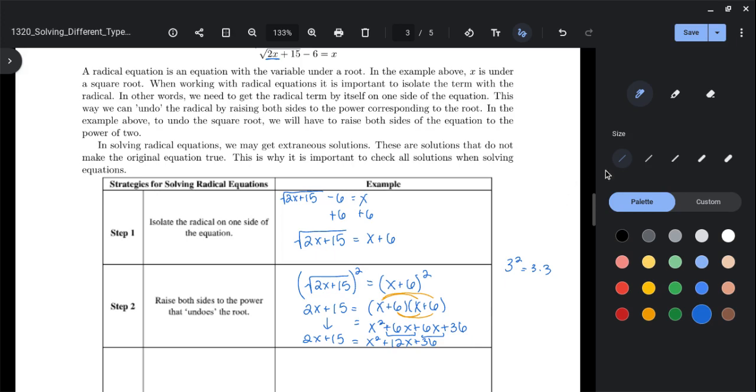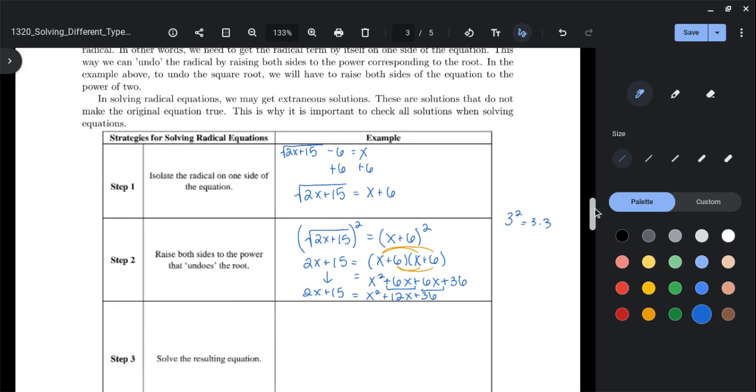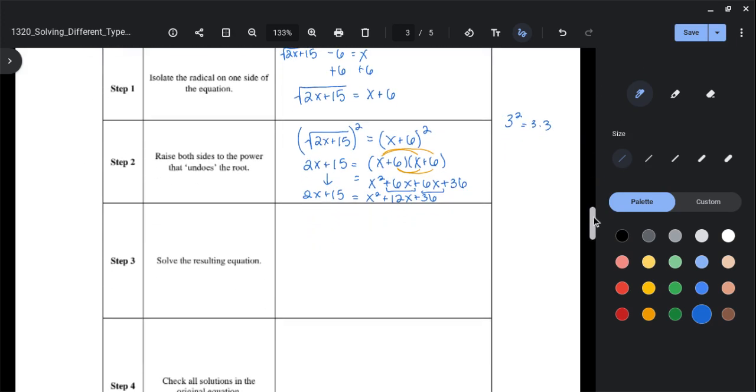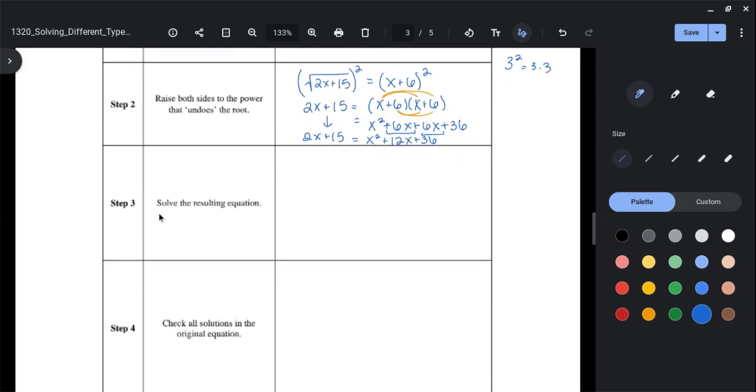All right, so now we have raised both sides of our equation to the second power to get rid of the square. And so now we have a polynomial equation. So we're going to follow those rules of how we solve a polynomial equation.